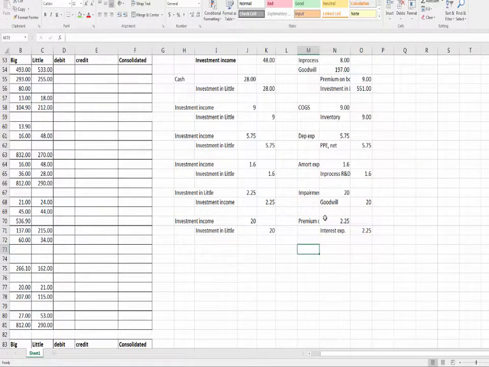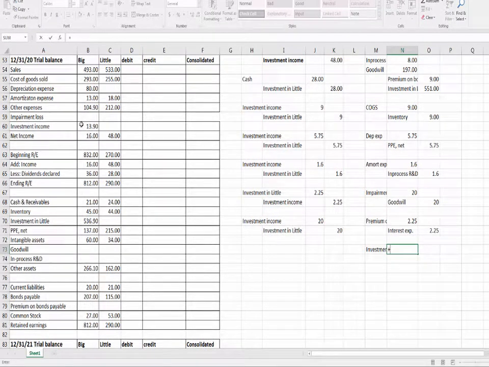Okay, so we have S, we have A, I for investment income. Easiest entry of them all, we simply look at this and say, there's our investment income of $13.90. That has to be eliminated. And then finally, D for dividends.